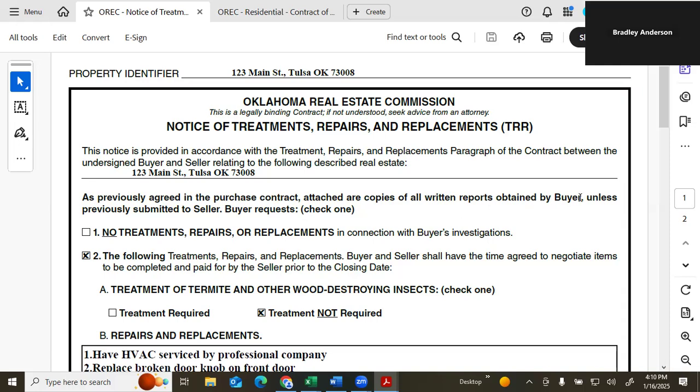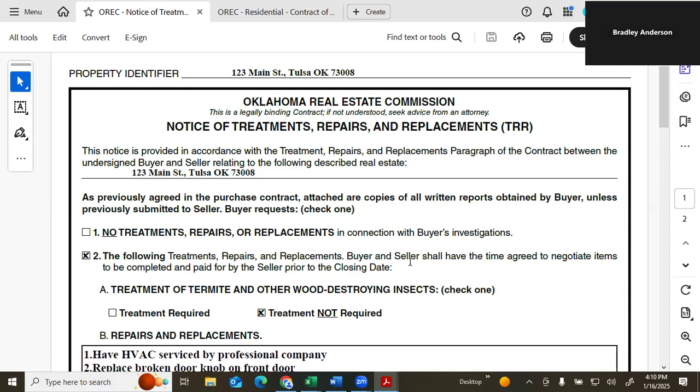So in other words, the inspection report. Unless previously submitted to the seller, buyer requests either no treatments or repairs, or they want something, right? So regardless, they have to fill this out and say they either don't want anything or they want something.